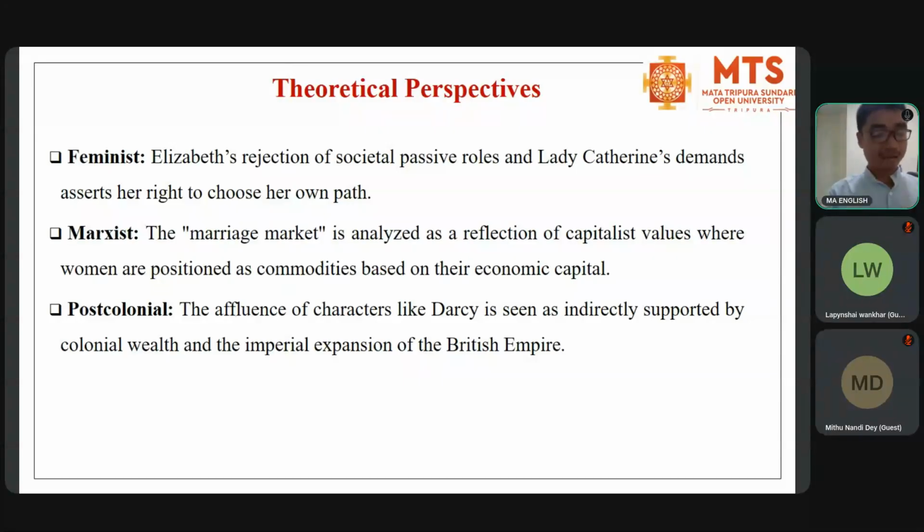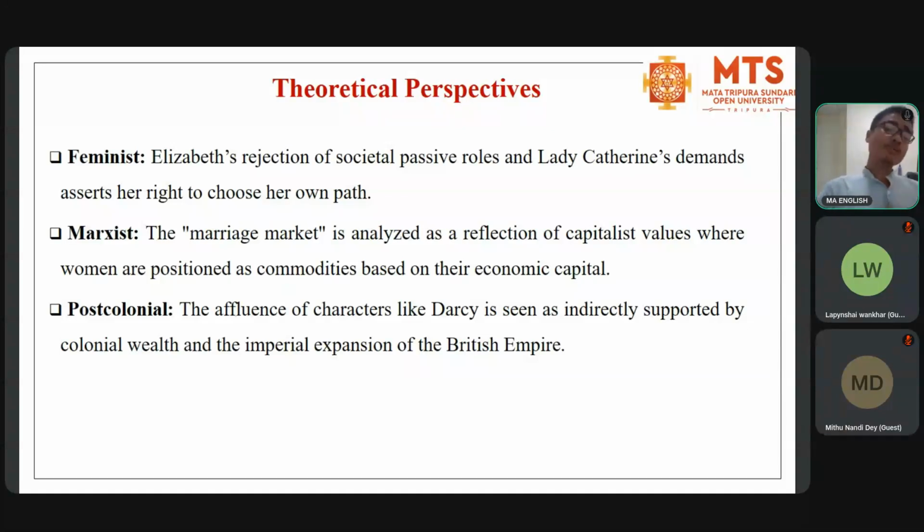And the other theory we can apply is post-colonial theory, right? Because of the influence of characters like Mr. Darcy, which is like the nature of colonial rule and of the British Empire.